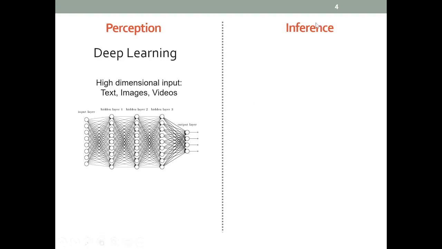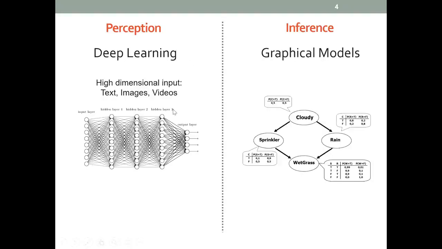And there's another class of tasks, what we call inference and reasoning tasks. And these tasks involve a higher level of intelligence, like decision-making, data analysis, and logic deduction. And we have another class of models called graphical models.